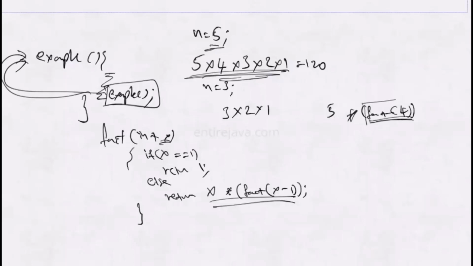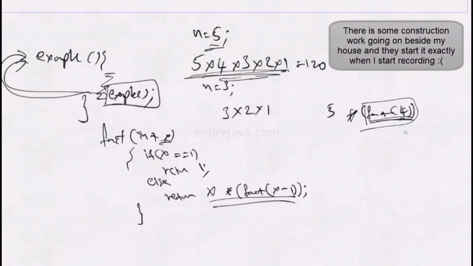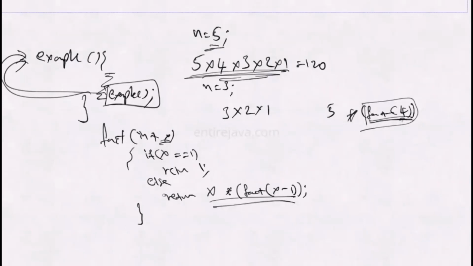But in here, we're calling this method again, and this time the parameter that we're sending is 4. So once again, 4 is not equal to 1, so we'll enter inside the else block, and hence the equation would be 4 multiplied by factorial of 4 minus 1, which will become 3.